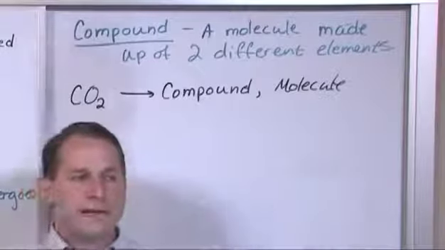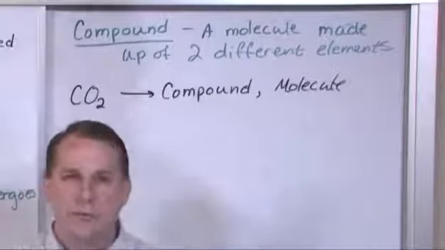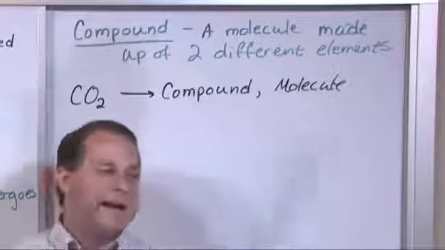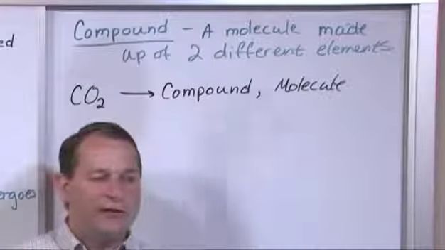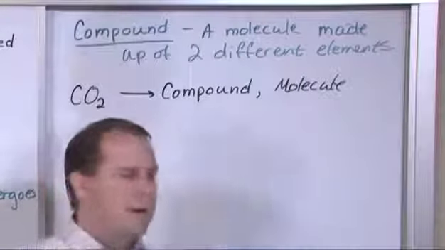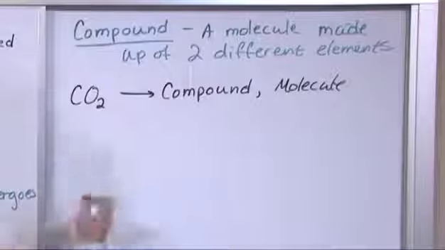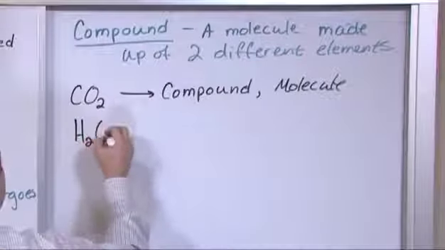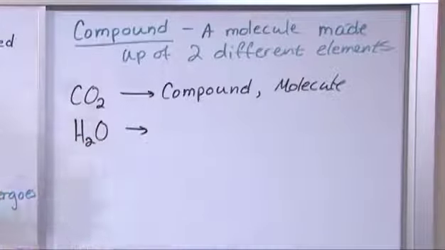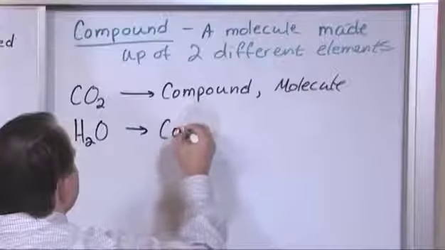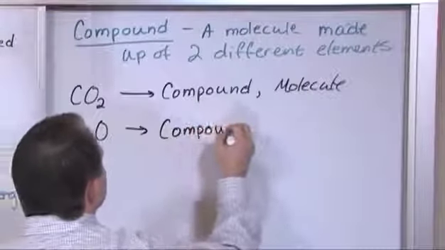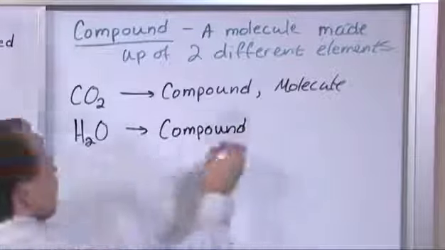A molecule is just sort of like any, when two things combine together, we say it's a molecule, right? We say it's a compound when the two things that come together are different elements. So let's give a couple more examples and I think you'll understand. What about water? We talk about the water molecule. So of course it is a molecule, but it's also a compound, because it's two different elements that form this guy.